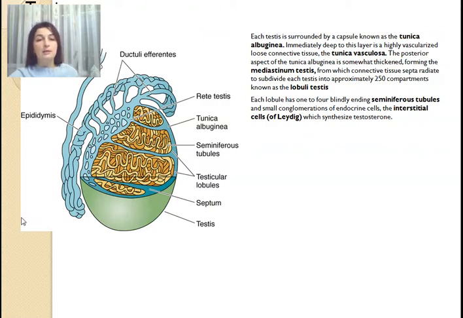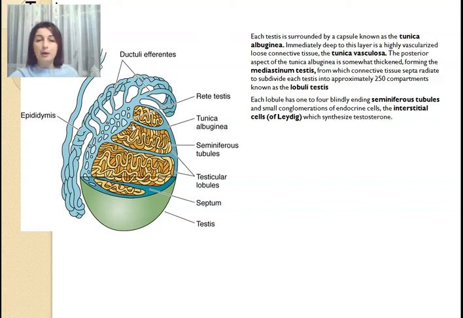The structure of the testis we can characterize as having lots of coats. The first coat is the tunica vaginalis. Then we have the tunica albuginea. The tunica vaginalis is part of the peritoneum, but the albuginea is dense irregular connective tissue which forms the capsule for this organ.